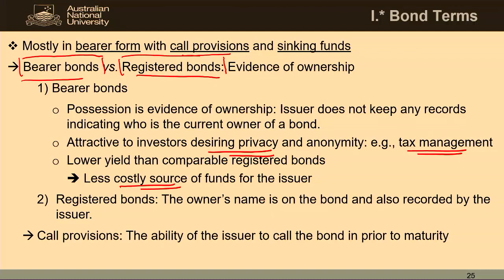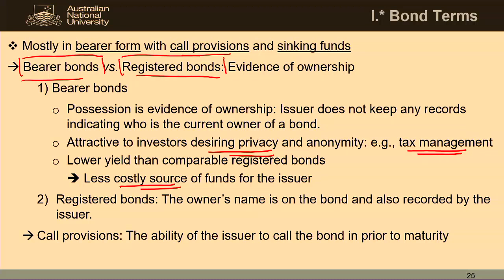It's very easy to hide a pile of cash in your vault, in a way. But once it's registered with some enterprise, then it's much more difficult to hide it. So for people who care about anonymity and privacy, they will much more prefer to have bearer bonds.